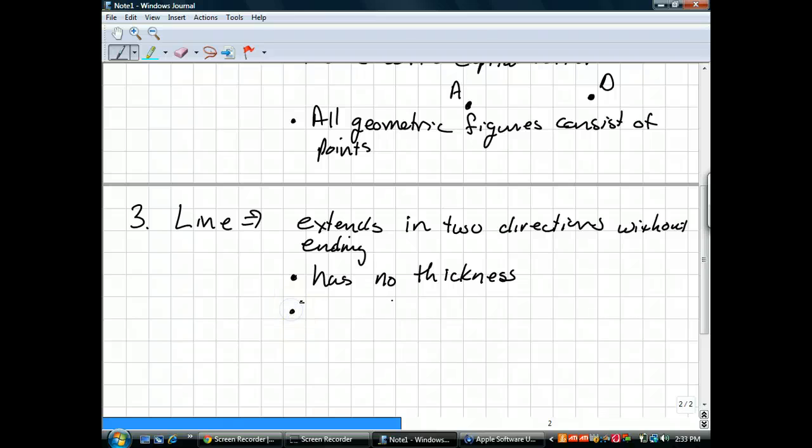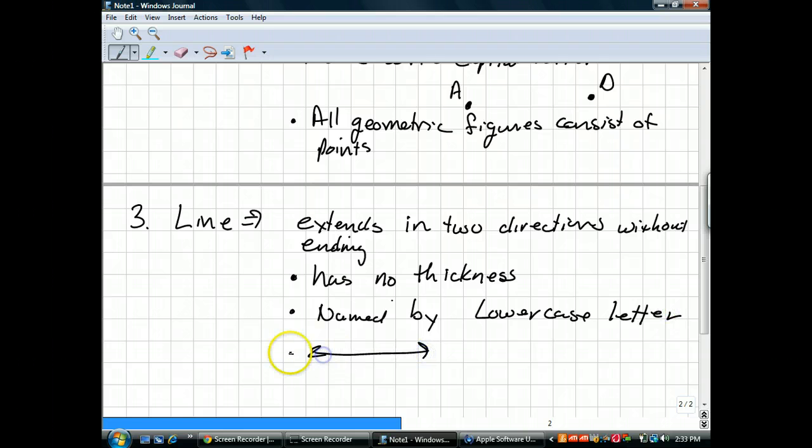We name a line by either a lowercase letter. So for instance, I might have this line and call it line L. Or we name it by 2 points on the line.